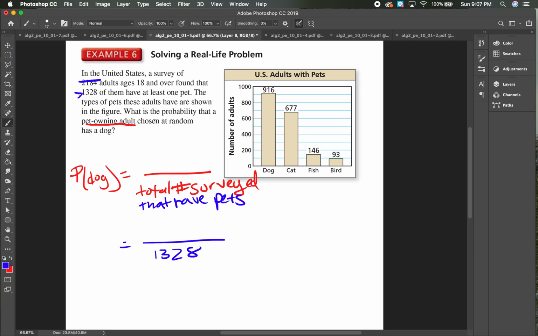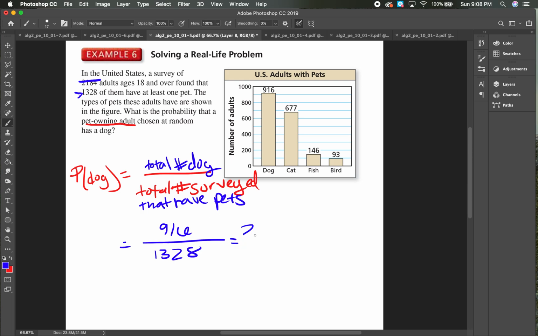Okay, so now on top, we're talking about the probability that a pet-owning adult has a dog. Okay, so that's 916. So total number of dog people. Okay, so 916 compared to 1,328.